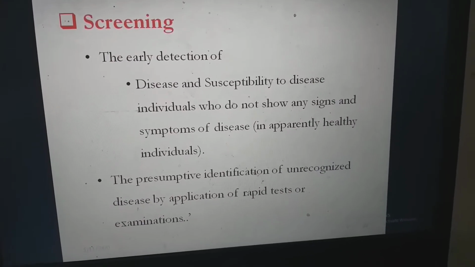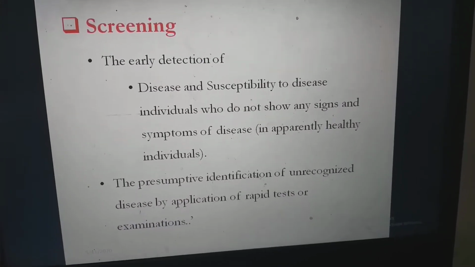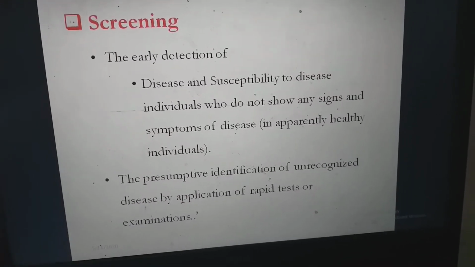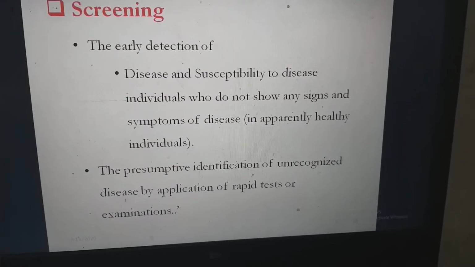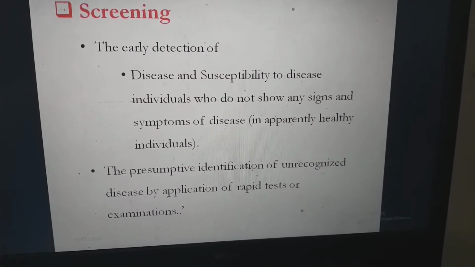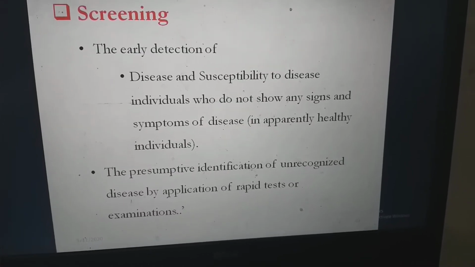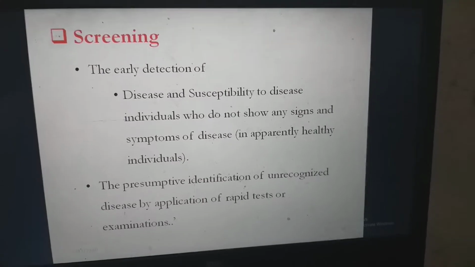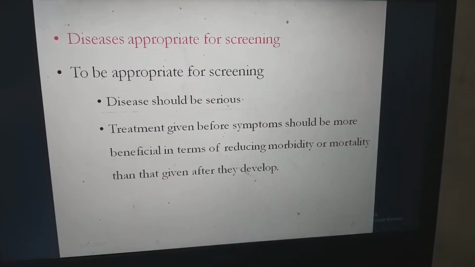If the individual develops signs and symptoms and comes to a hospital or health center, we call it diagnosing, not screening. Screening means those who do not know whether they are diseased or not. So it is the presumptive identification of unrecognized disease by application of rapid tests or examinations. That is what we call screening.